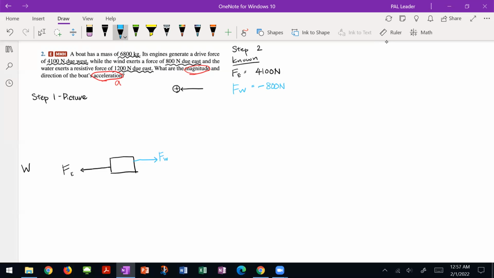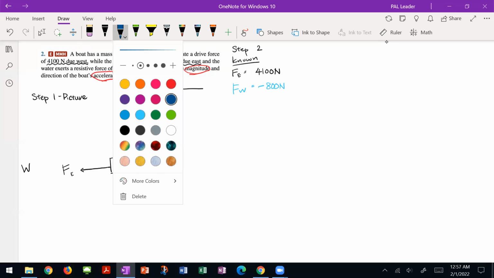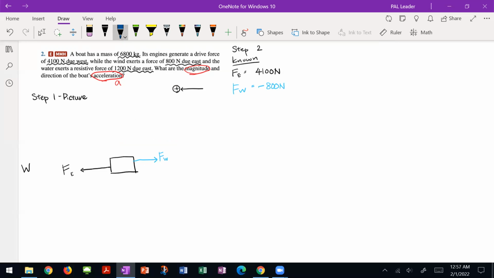And we have a third force, of water. Oh, water should have been blue. Okay. And it's a resistive force of 1,200 due east. Same direction as the wind. Oh man, water and wind, we got two W's. I'll just say water.